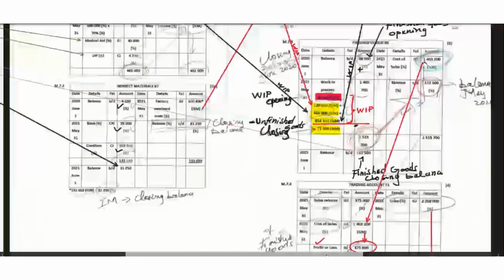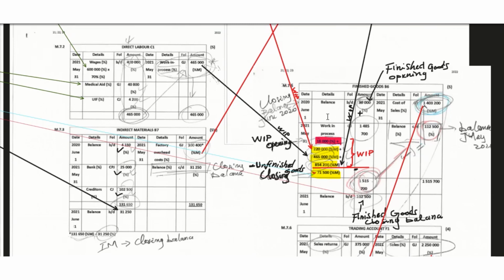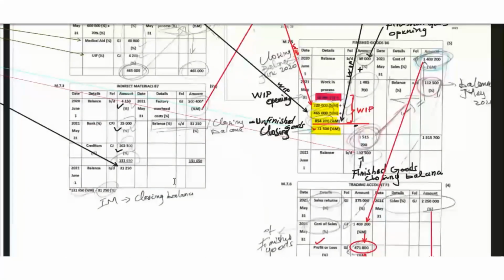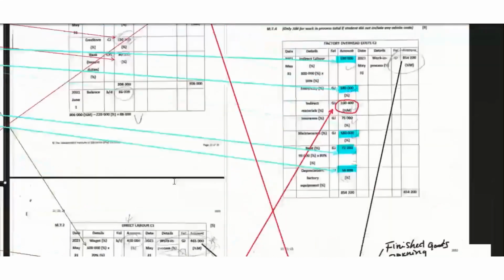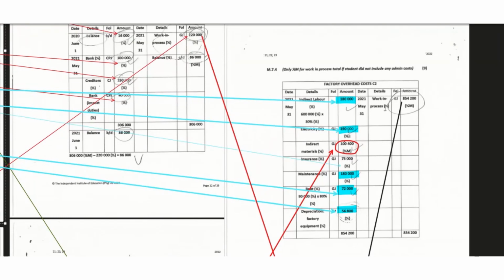We know what is work in process because for the finished good, you will take all the work in process. So all the work in process that we calculated for the direct labor, direct material, and for the factory overhead, the work in process is on your left. When you're looking at your screen, it is on your left. It is written work in process.